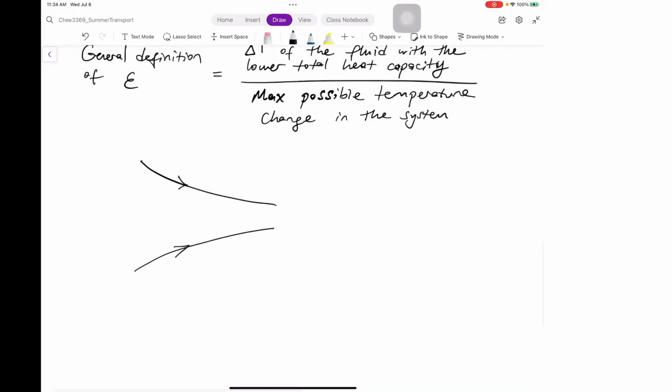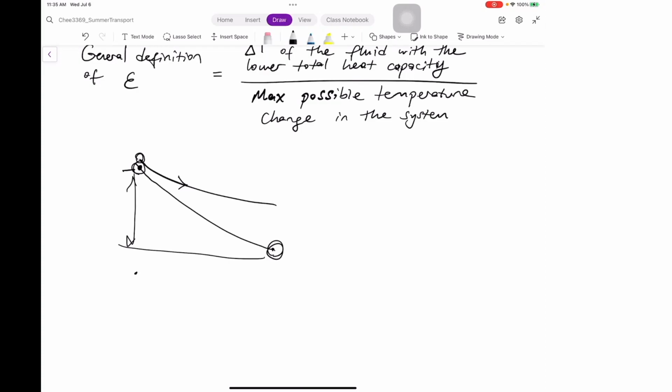So let's exaggerate the case. Okay, this is the cold. Let's make a counter current one. Let's start from here. Let's go all the way to here. So as you can see, the cold one temperature here cannot exceed the inlet hot temperature, right? So this corresponds to the maximum change in the temperature.